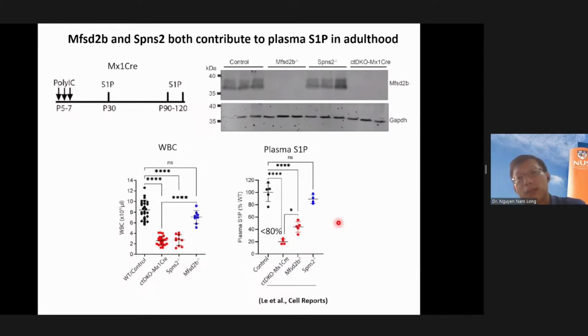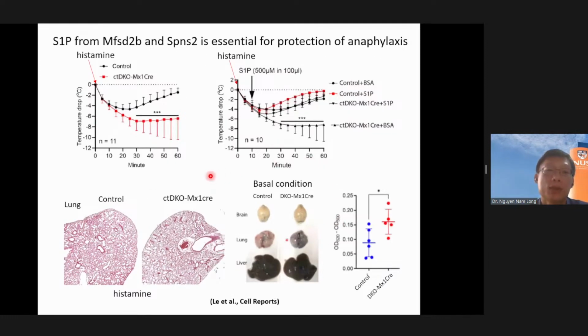So what is the significance of these two transporters for extracellular S1P signaling? In this case, we wanted to test the blood vessels. We used histamine to induce a kind of allergic reaction, anaphylaxis. When we injected a dose of histamine into the wild type animals, the core body temperature dropped, but they could recover nicely, whereas the body temperature of the double knockout decreased and they could not recover.